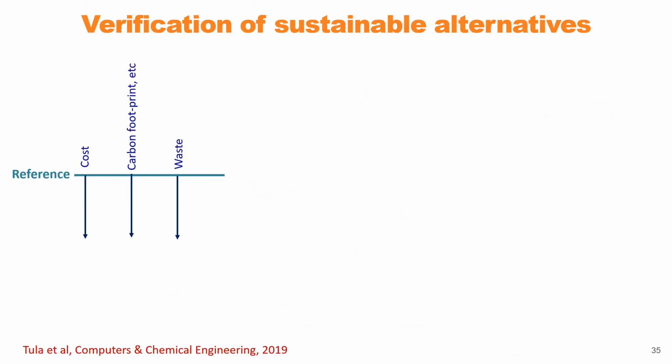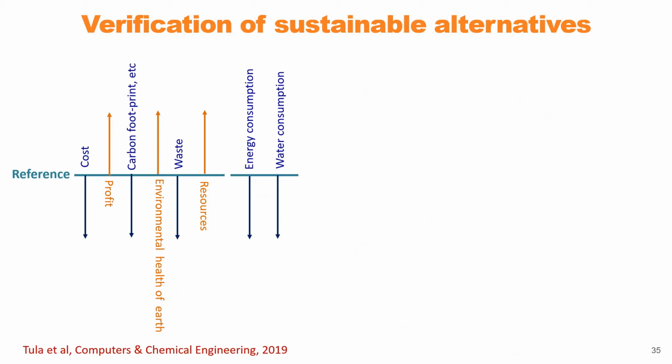If we reduce them, we will have bigger profit, we will have better environmental health, we will have more resources. How do we achieve this? By reducing the energy consumption, by reducing the water consumption and other consumptions. And how do we achieve them? Through more efficient operation of the system, better design of the process, reduced demand of the utilities.